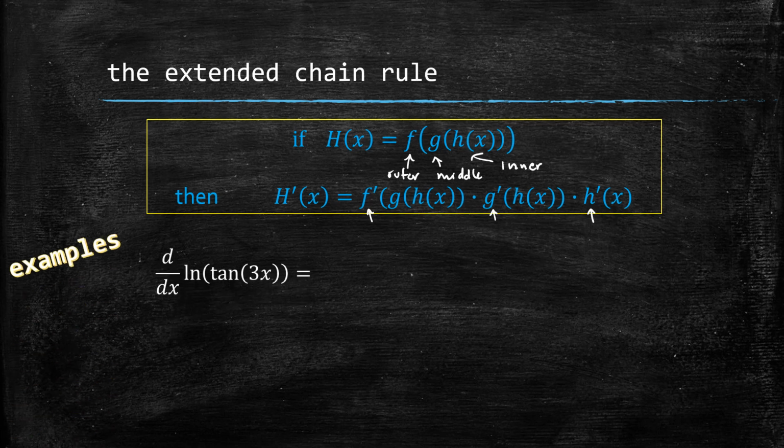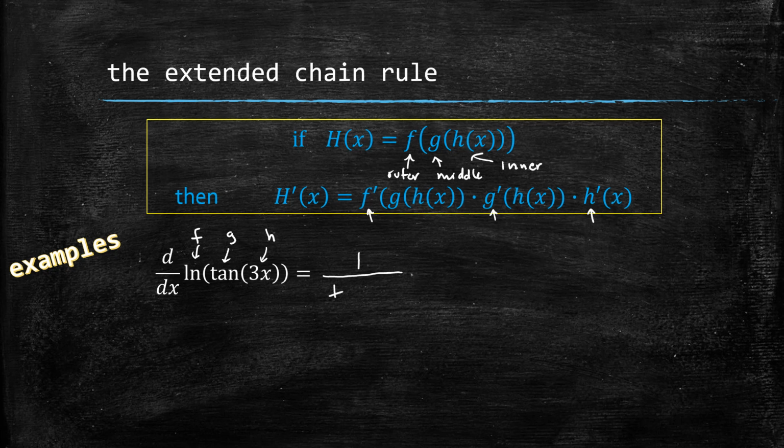So let's take this one here. This one is easy to identify, because everything's in order. So f is the outer function, g is tan, and then h is this 3x. So if we start with the derivative of the outer function, ln, the derivative of ln is just 1 over.